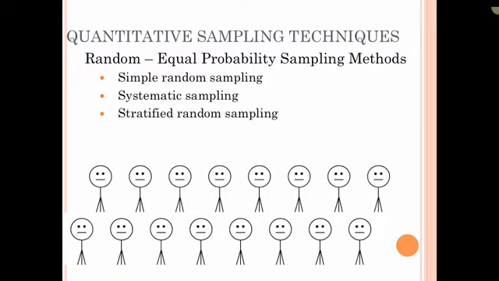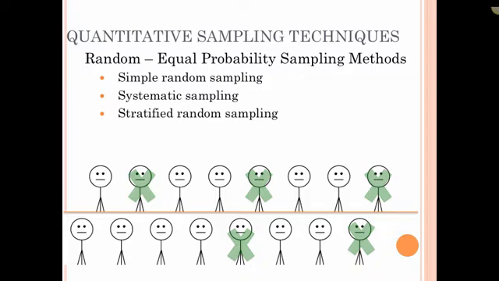Another kind of sampling is called stratified sampling. That's when you divide your population into subgroups and take a sample from each subgroup. So, for instance, men and women. Let's say I divide my sample in half, and I decide to pick 3 men and 2 women from the population.